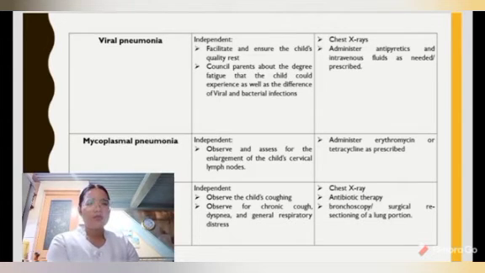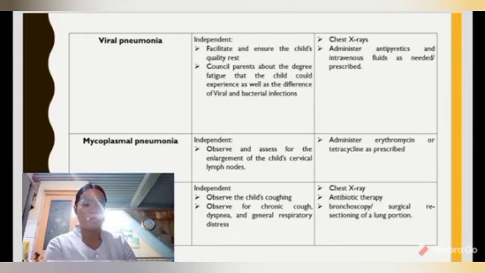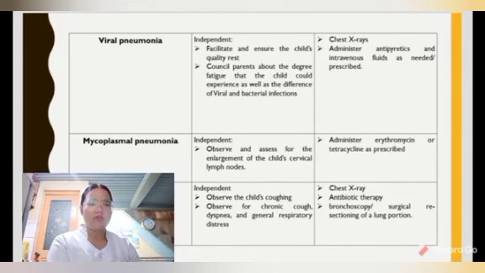For the lipid pneumonia, we have to first observe the child's coughing, and then observe for chronic cough, dyspnea, and general respiratory distress. And for the laboratory or medical intervention, we would need to do the chest x-ray of the client, as well as the administration of antibiotic therapy and bronchoscopy or surgical resectioning of the lung portion if needed.